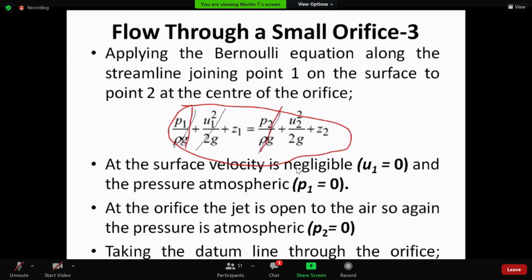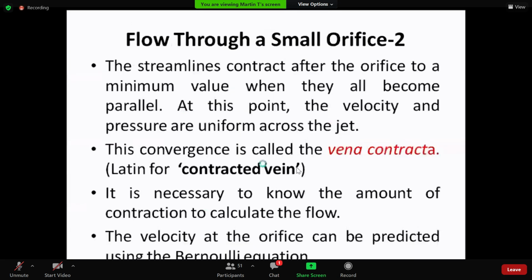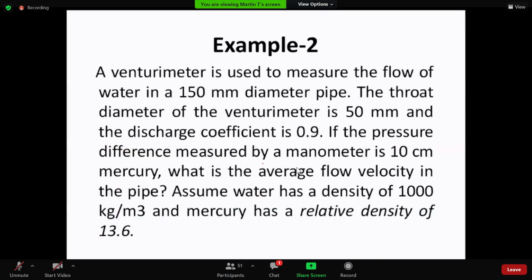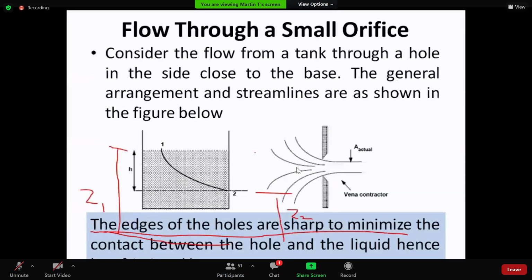So it means that if they were not open to the atmosphere, assuming that this was a closed tank with a known pressure, it could be a pressurized tank, our P1 would not be 0.